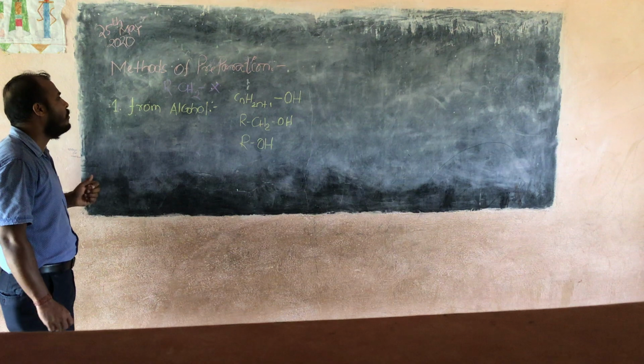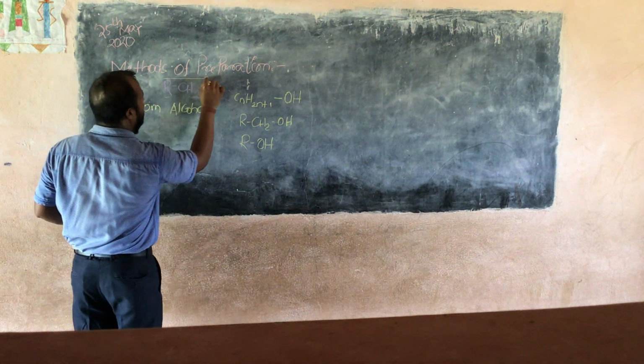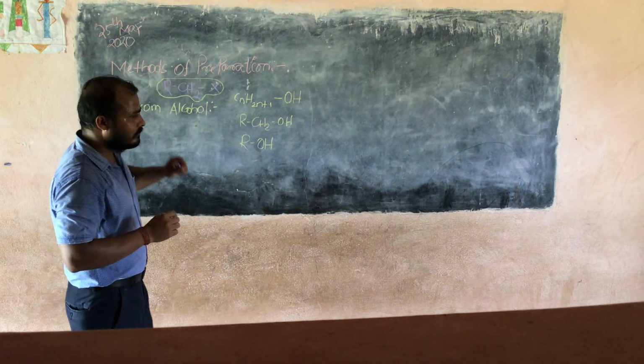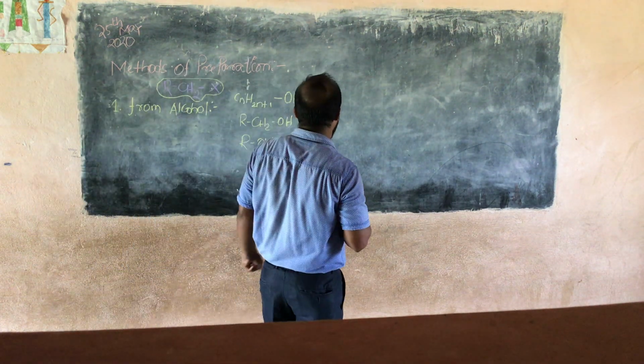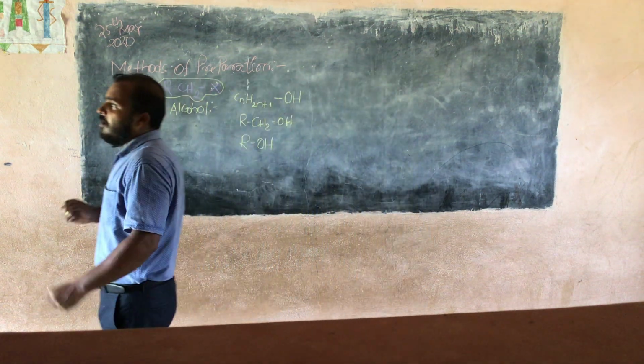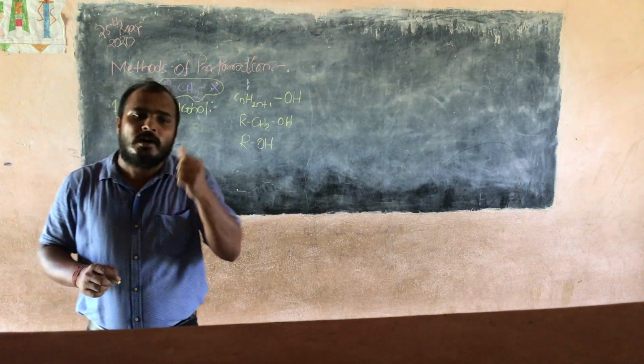Now we will see how we will make haloalkane from alcohol. The first one is treatment of alcohol with haloacids.